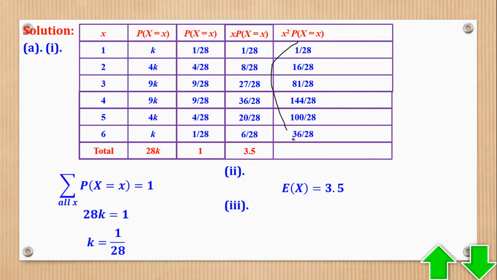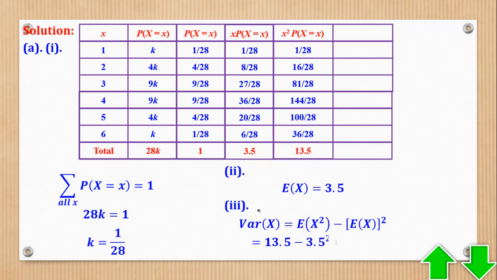Then we shall add everything here to give you that. Then the variance is given by that formula. Substitute. This is ex squared. Ex is here, but it has to be squared to give you that. That is variance.